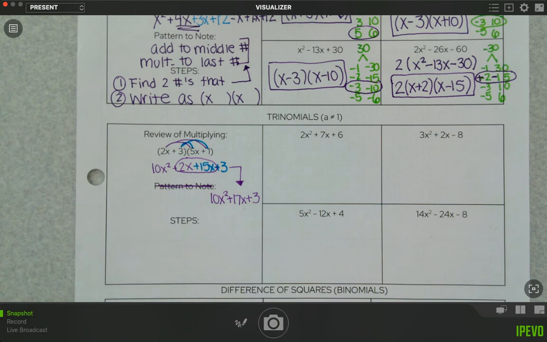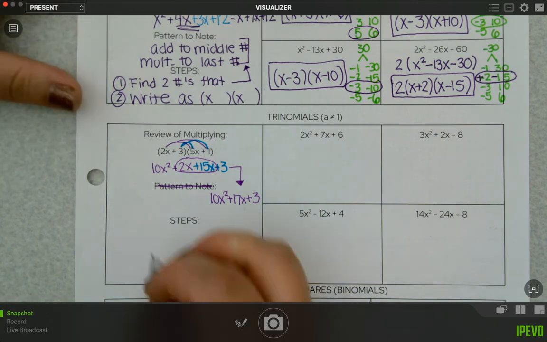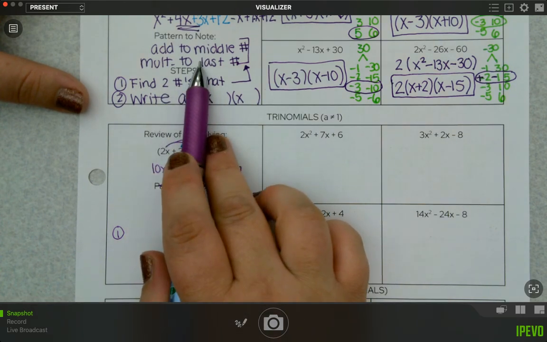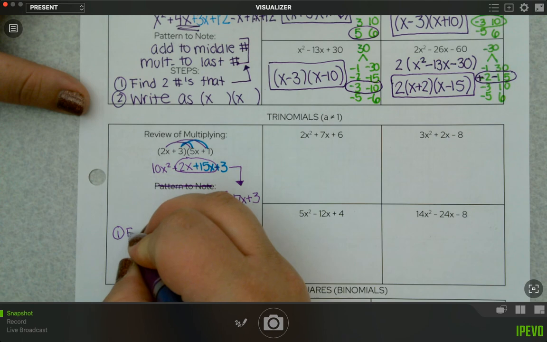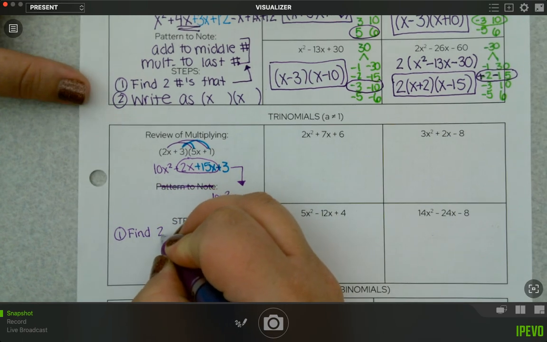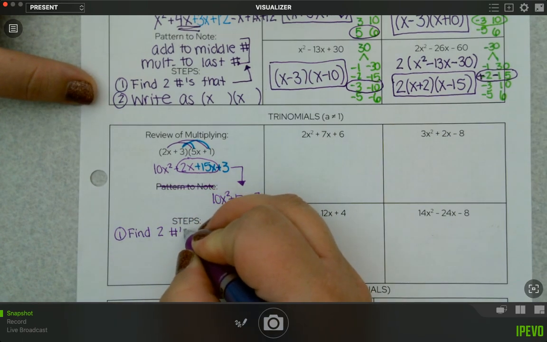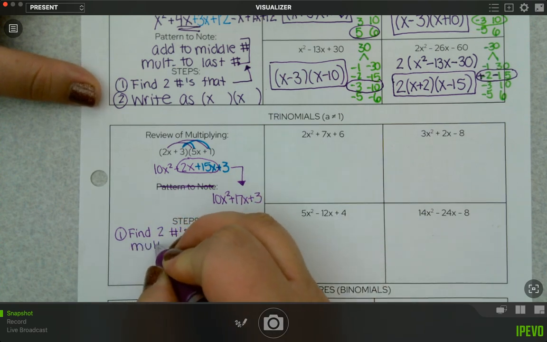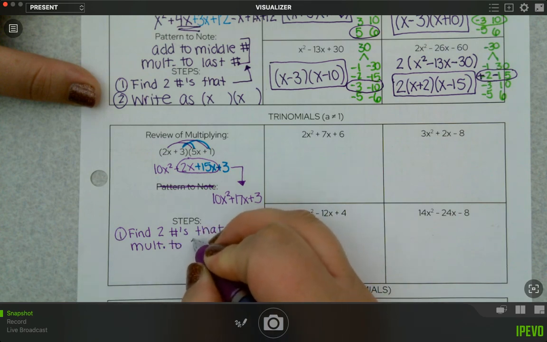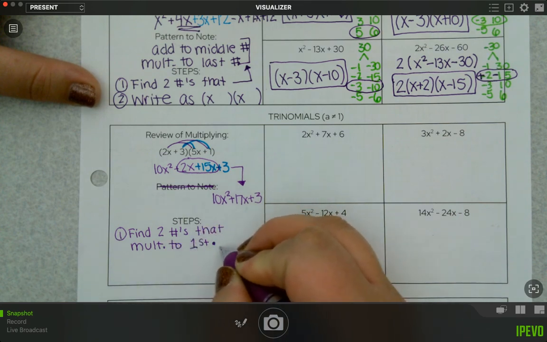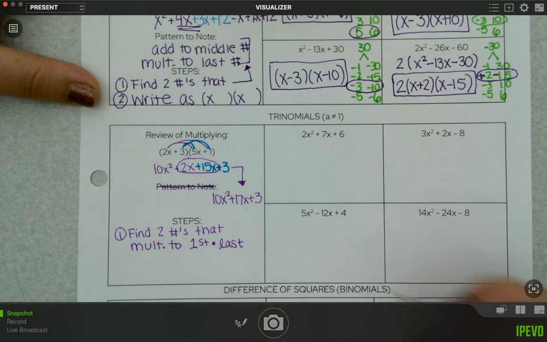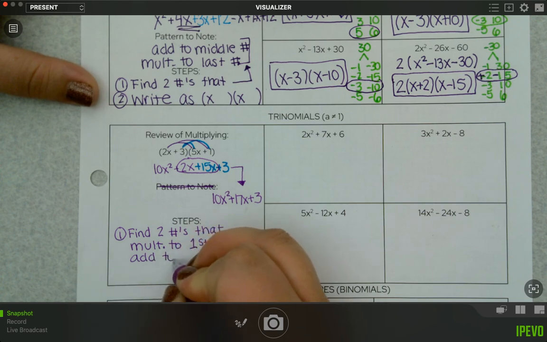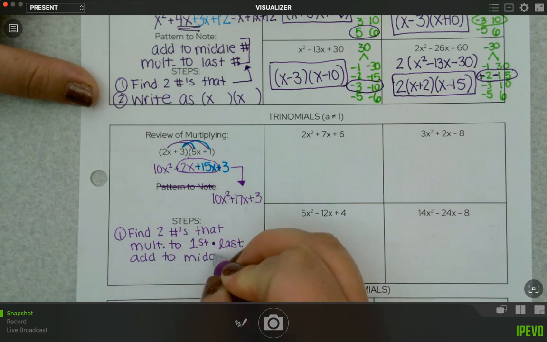So for our steps, what we're going to do is, instead of finding two numbers that multiply to the last one, we're going to find two numbers that multiply to the first one times the last one and add to the middle still, because they're still being added together in the middle.